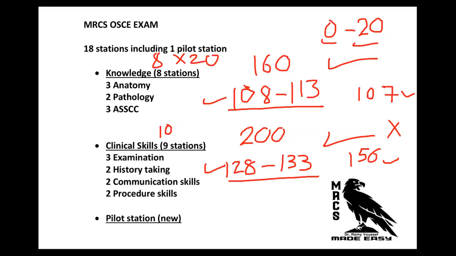That's why I always tell you in the anatomy station, you have to get all the 60 as much as you can. And then you are going to have at least 50 to 55 in all these stations.